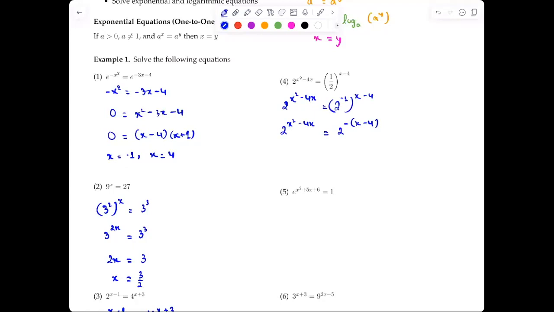So the bases are the same now. You just match the exponents together. So you get x squared minus 4x equal to negative of x minus 4. And then you distribute the negative to the parentheses. And you get x squared minus 4x equal to negative x plus 4.